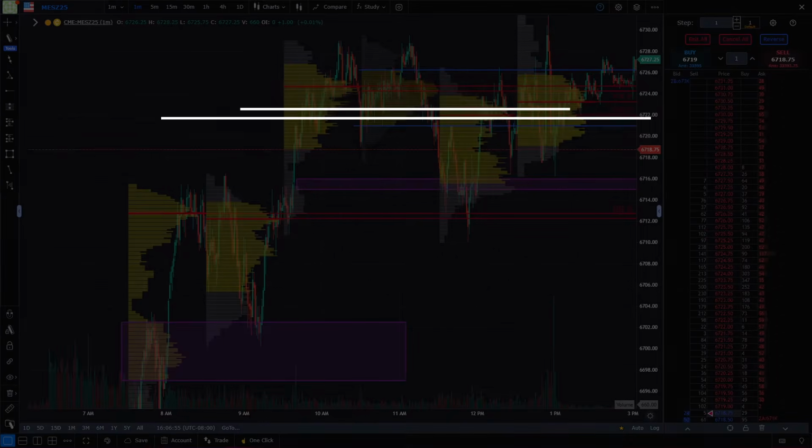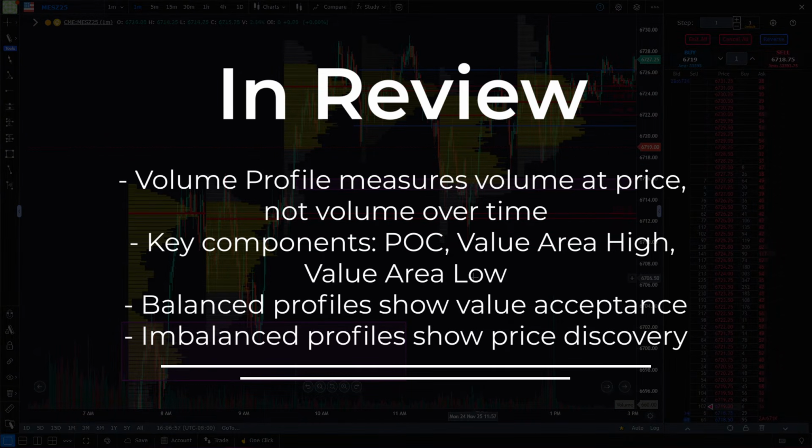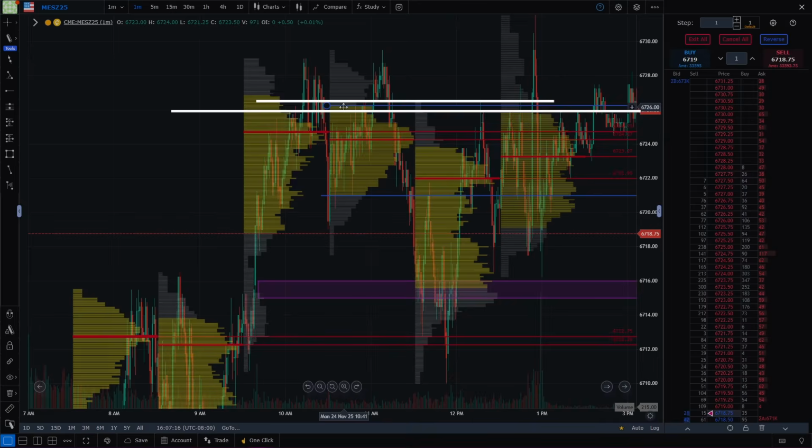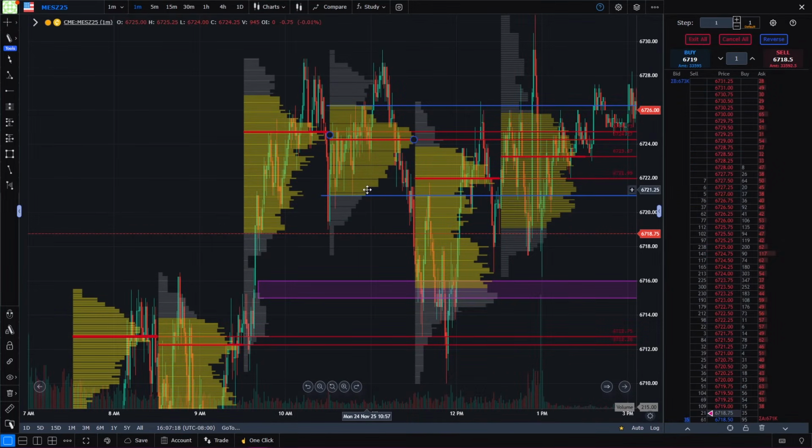So to recap, we've gone over what volume profile is, and that is volume measured against price as well as time, but the majority, or the histogram that you're going to get, is based on price over a period of time. We've gone over a balanced profile like this one, where the majority of the volume is traded in the middle.